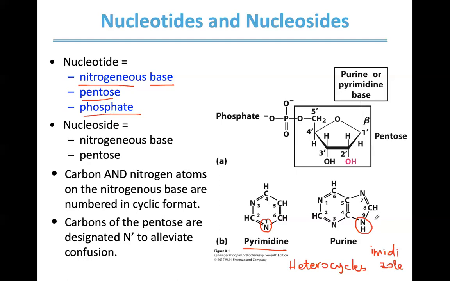But also remember, when something is a base, it doesn't necessarily have to be a Bronsted base. It can be a Lewis base. And remember, Lewis bases are those which have lone pairs of electrons. And since the nitrogenous bases have lots of nitrogens in them, that's why they're called bases.